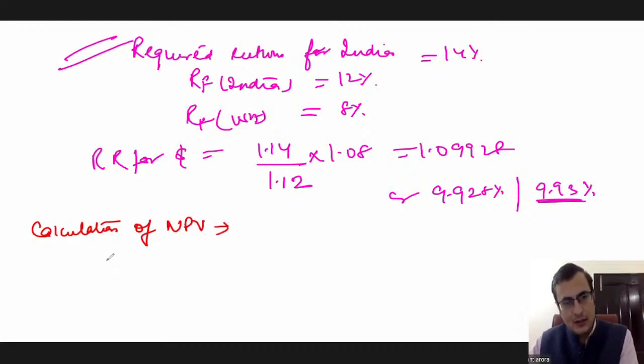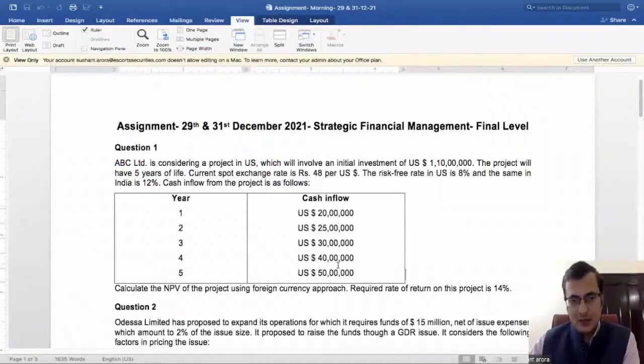Okay, so what were those numbers? Very big numbers, right? So 20, 25, 30, 40, and 50. Let's do it in millions. It will save time. And then we have, I think, 11 millions, right? Yeah, this is 11 millions.